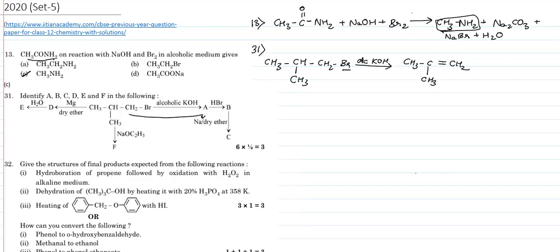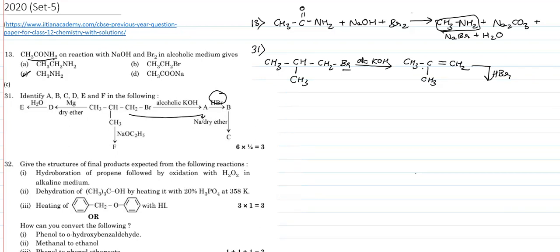Now this is undergoing a reaction with HBr. So first you are removing HBr, now we are again reacting it with HBr. And this will react based on Markovnikov's rule, which states that the negative part of the reagent will get attached to the carbon atom having less number of hydrogen atoms.